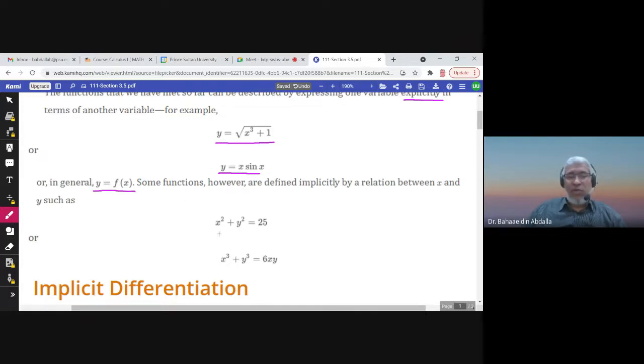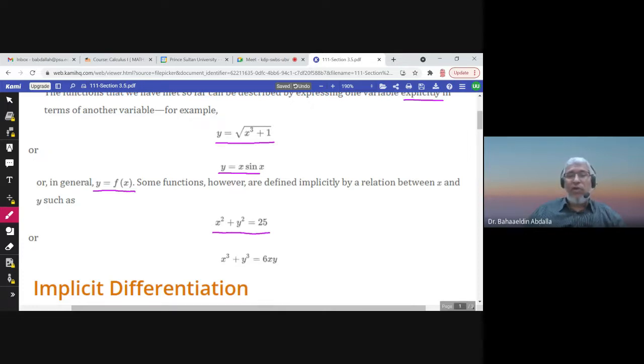What if the equation is written like this? Then it is not solved for y and it's not solved for x, so you don't know whether y is a function of x or x is a function of y.